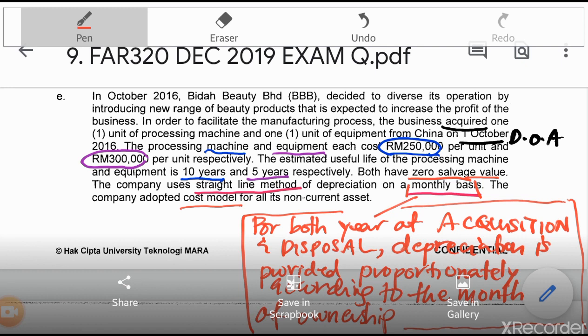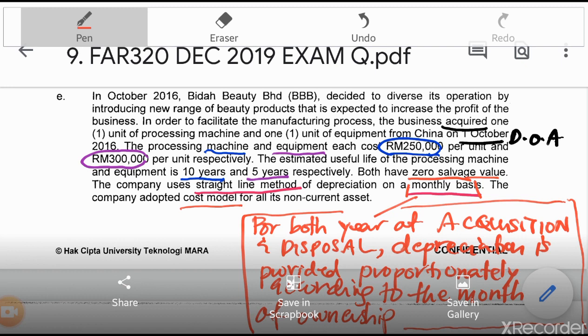And in the year of acquisition, you are going to charge depreciation for that particular asset, either acquired and disposed or acquired and not disposed. You're going to provide them according to the month of ownership.